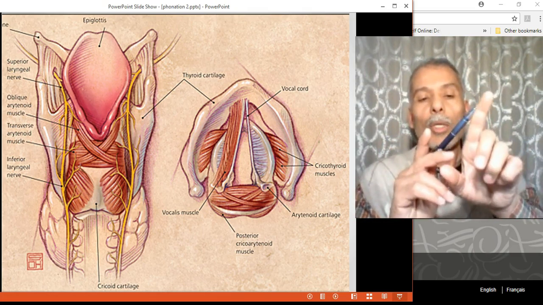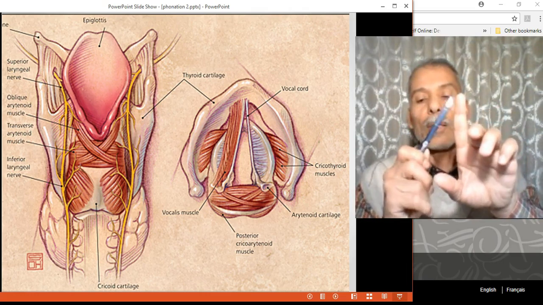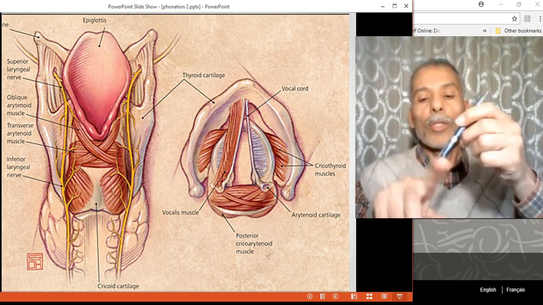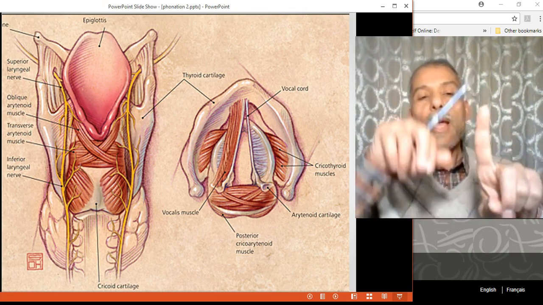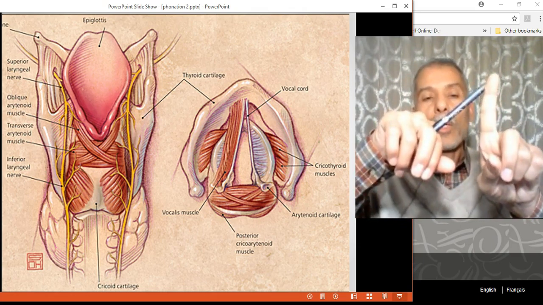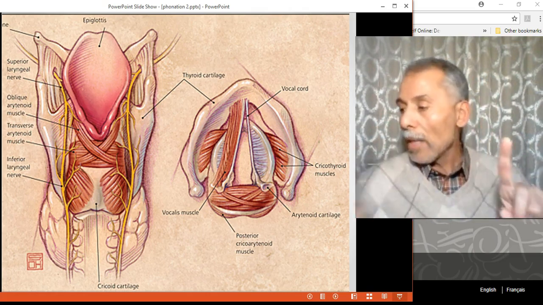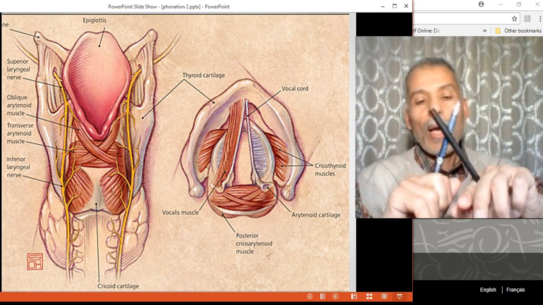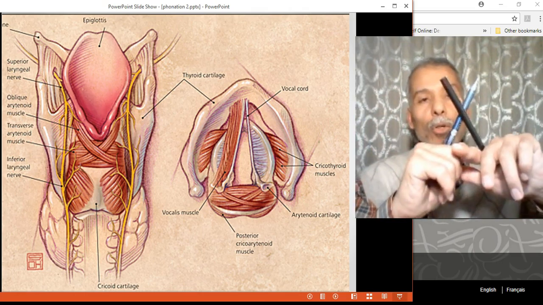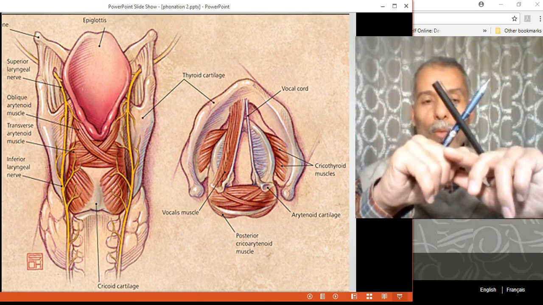So this will be like this. So originating on the muscular base of one and inserting onto the apex, onto the very top of the other one. And the other muscle does the same. Originates on one side here and then courses to insert onto the apex of the other one.